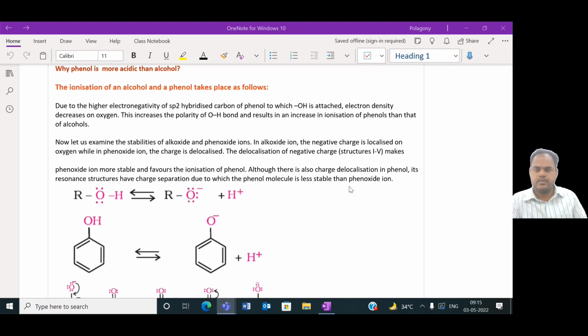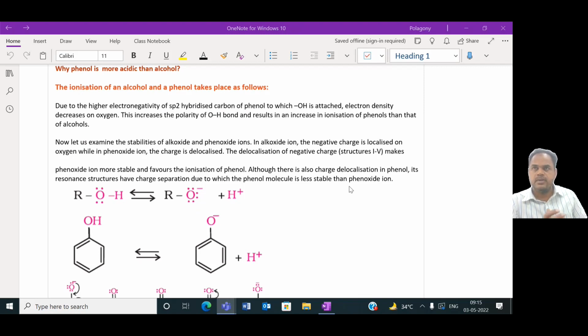But if you compare phenol and alcohol, phenol is more acidic, alcohol is less acidic. How can we explain this? The hydroxyl group is connected to an sp3 carbon in alcohol, whereas the hydroxyl group is connected to an sp2 carbon in phenol. If we compare sp3 carbon and sp2 carbon, there is an electronegativity difference. sp2 carbon is more electronegative than sp3 carbon.